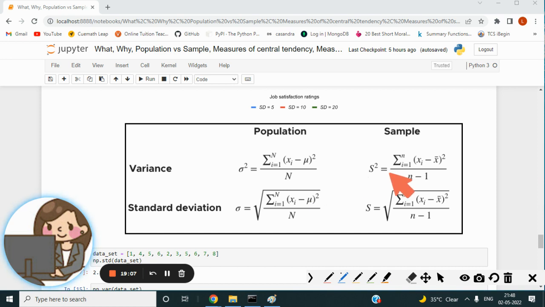The variance is found using sigma from 1 to n, done for all the observations: how much each observation deviates from the mean, we square it, and then divide by n minus 1, the number of sample data points minus 1. Why this n minus 1 will be covered in later tutorials.